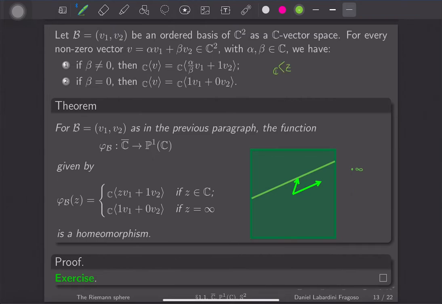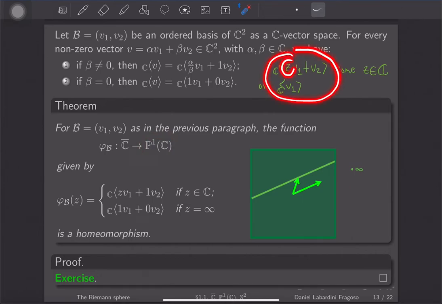This Z V1 plus V2 for some Z in C, or this. And so what I see is that the points in P1C, in the complex projective line, can be fully parametrized using just this parameter, once I agreed on which ordered basis I'm going to use.